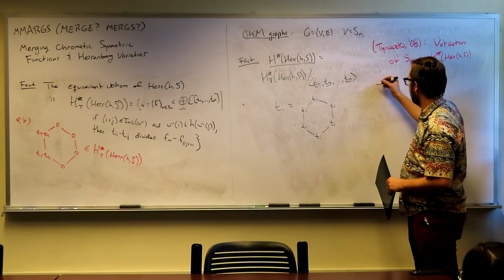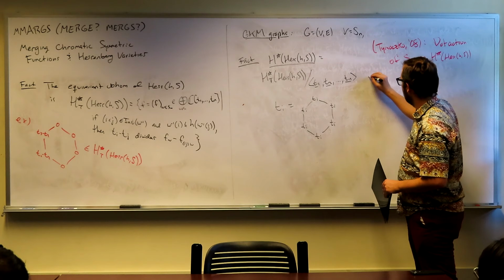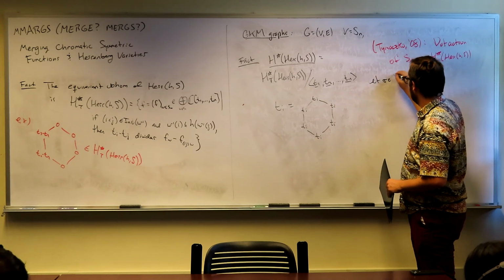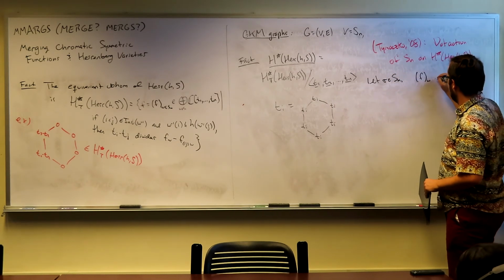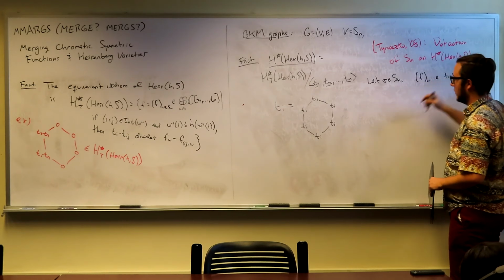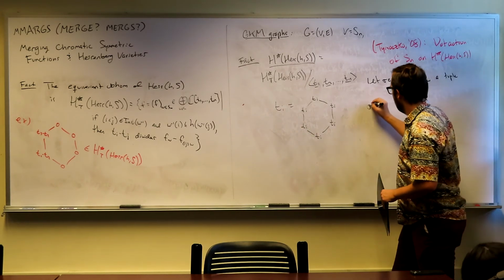Let sigma be an element of Sn, and Fw some tuple living inside of this polynomial ring.